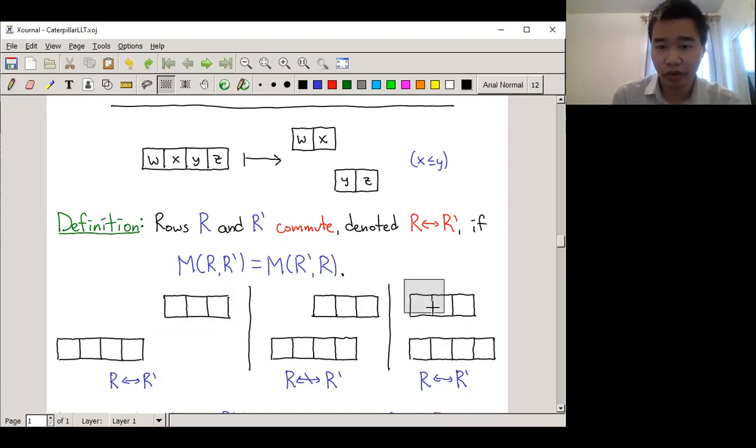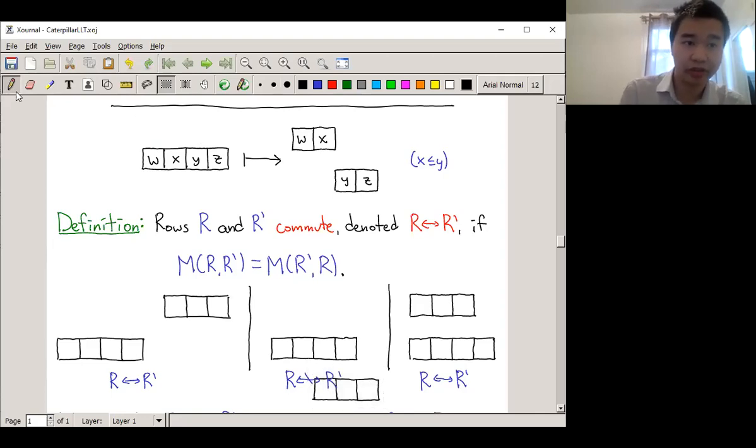Whereas if I switch the 2 rows, I could still get 3 inversions. But in the middle, I say that the rows do not commute because when the rows are arranged like this, I can get a maximum of 2 inversions. Whereas if I were to switch the 2 rows, then I would be able to get 3 inversions.